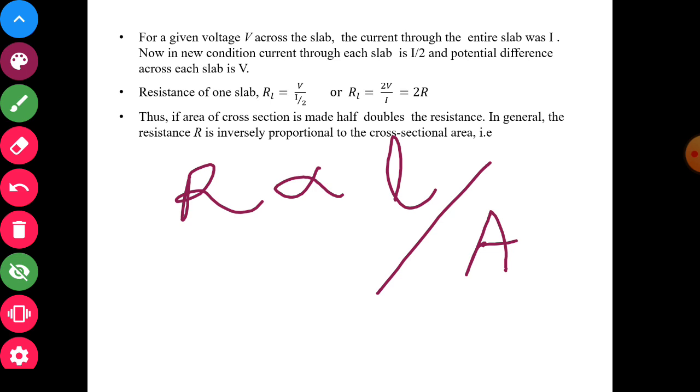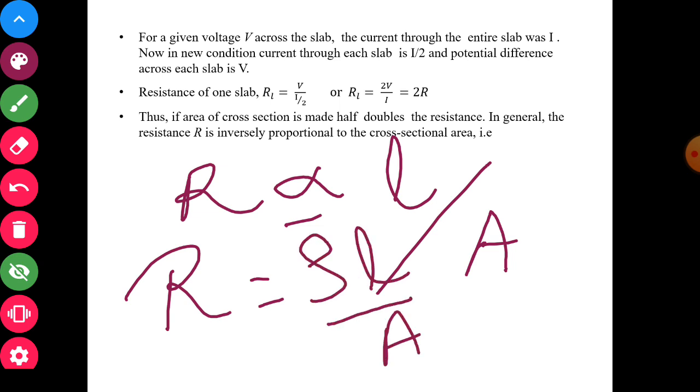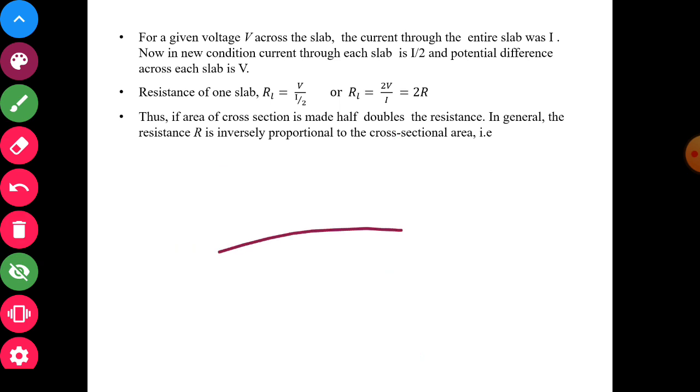So if you remove this proportionality, then resistance is equal to one constant we have to keep, rho L upon A, where rho is called the specific resistance or resistivity.